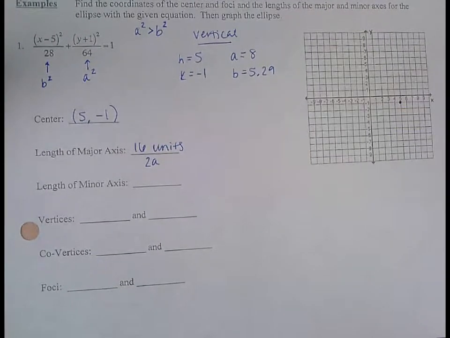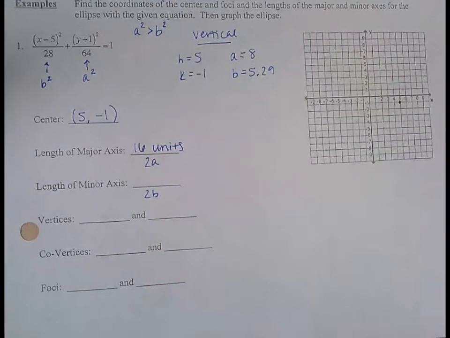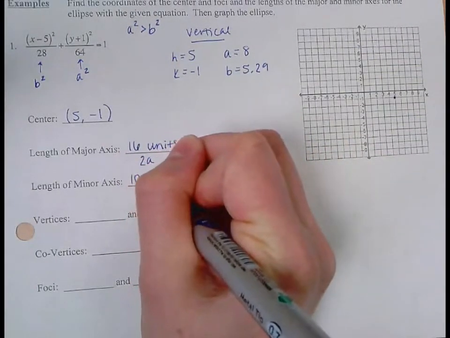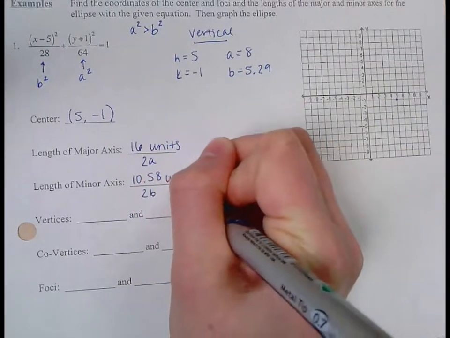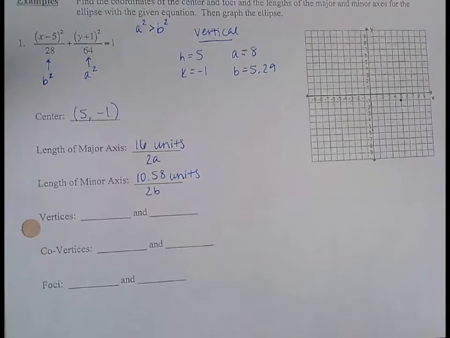And the length of the minor axis is 2 times B. So that would be 2 times 5.29 approximately. So about 10.58 units long. And those we don't need to mark on the graph.